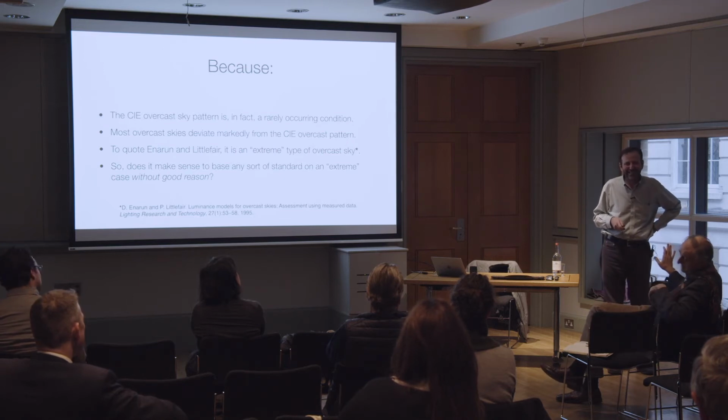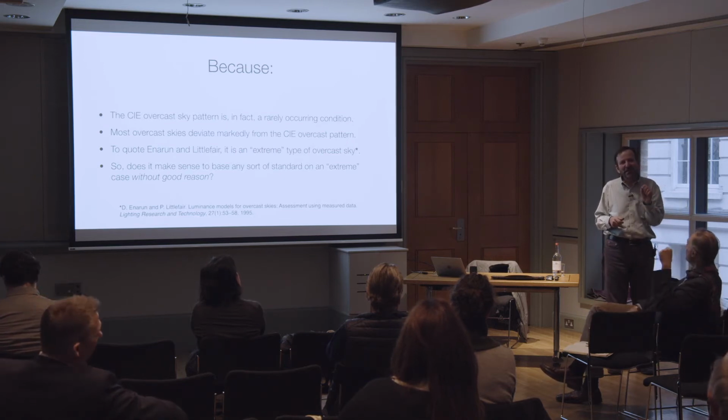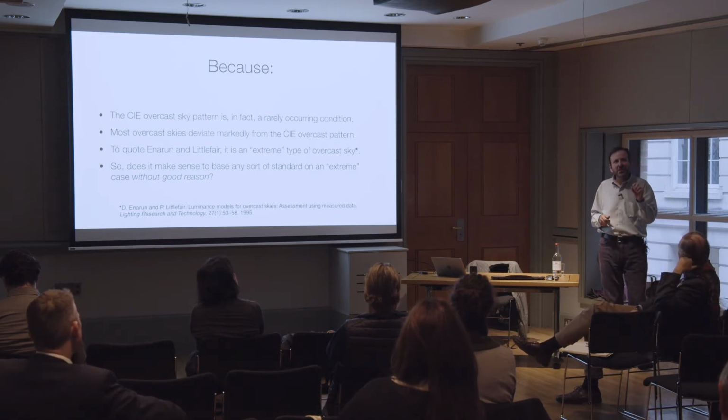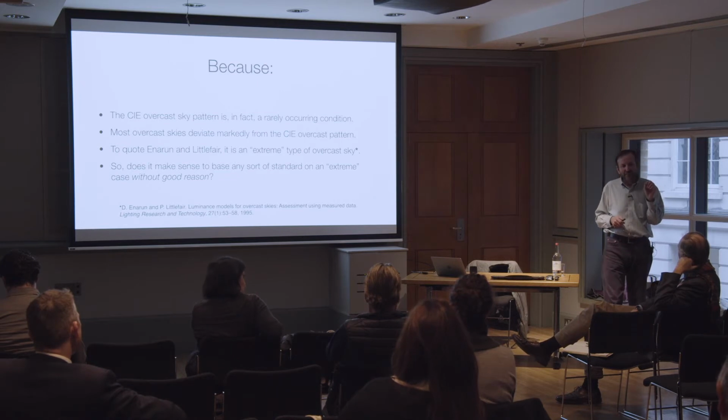Well, I'm not trying to defend the daylight factor, don't worry. When you say the least bright sky, it's not necessarily the least bright sky. It's the distribution you get for what might be one of the least bright ones. But it is extreme, and we'll see this.